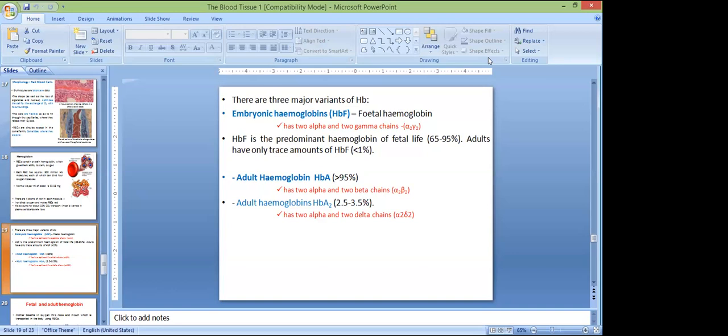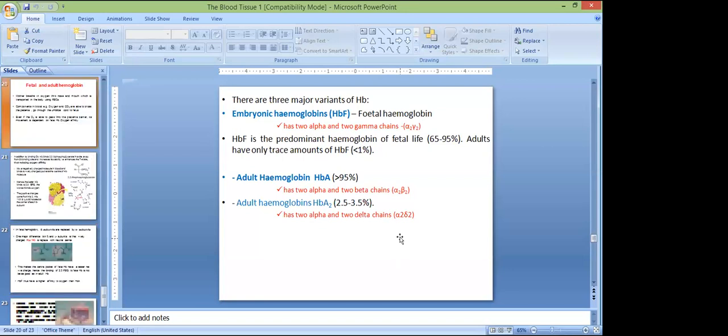Why? Because you want the mother to be able to transfer oxygen from her to the fetus. Then there's also A2, that one is just in small amounts, 2 alpha chains and 2 delta. But remember, for the normal one, us adults, alpha and beta; for kids, alpha and gamma.